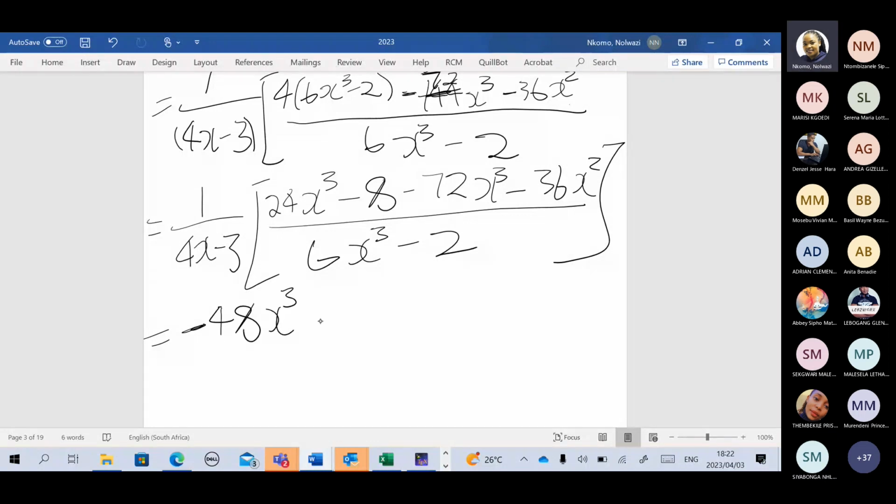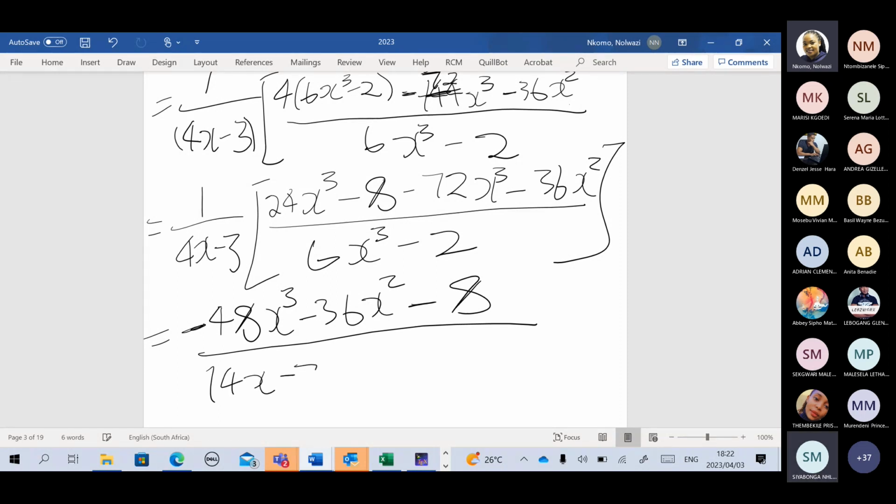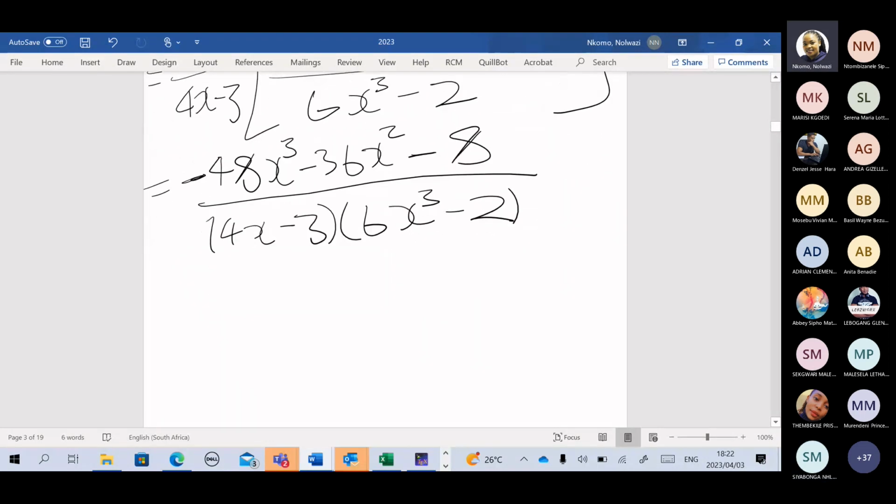Then we have minus 36x squared minus 8, everything over 4x minus 3 times 6x cubed minus 2. Okay, will this get us anywhere? Let me write it as it is.